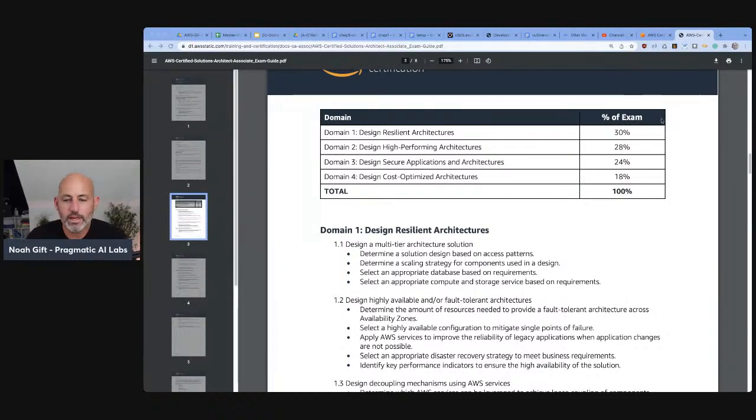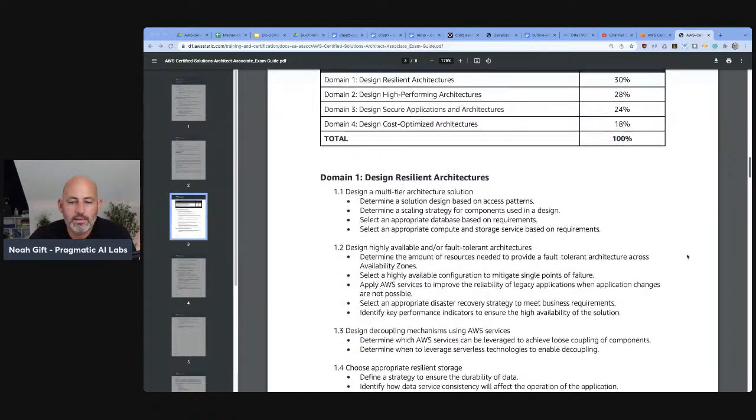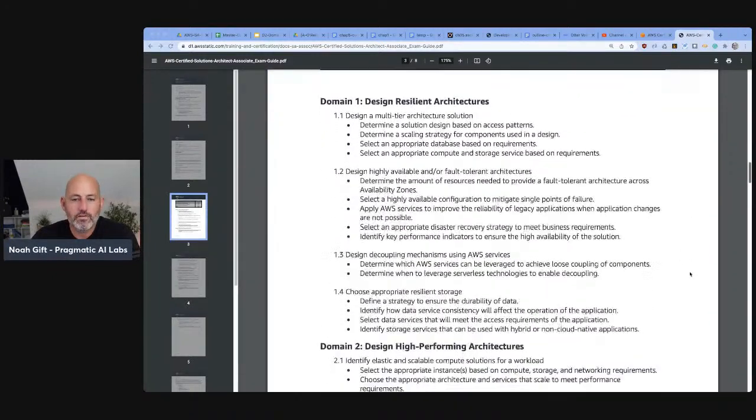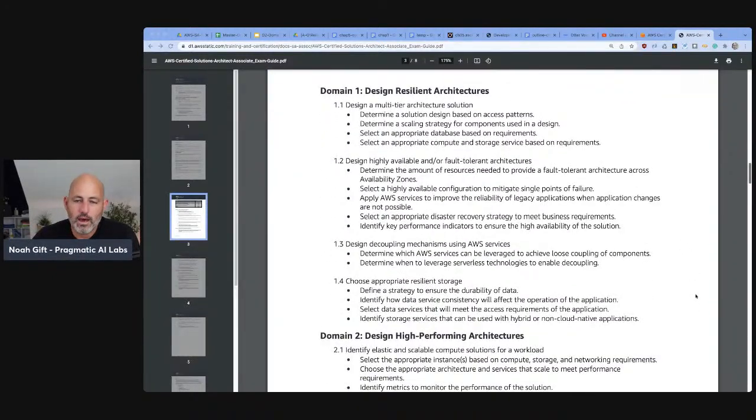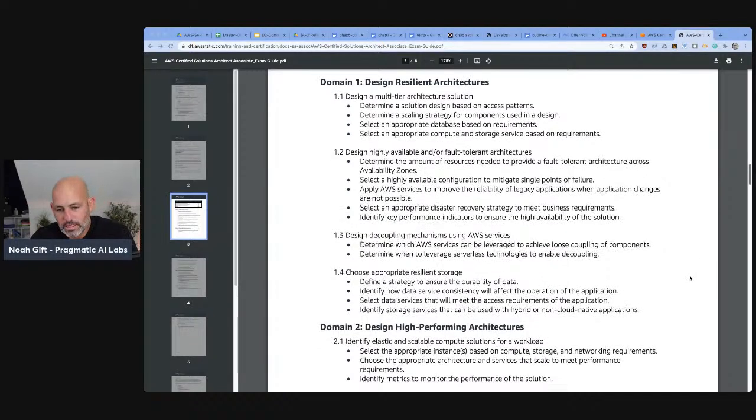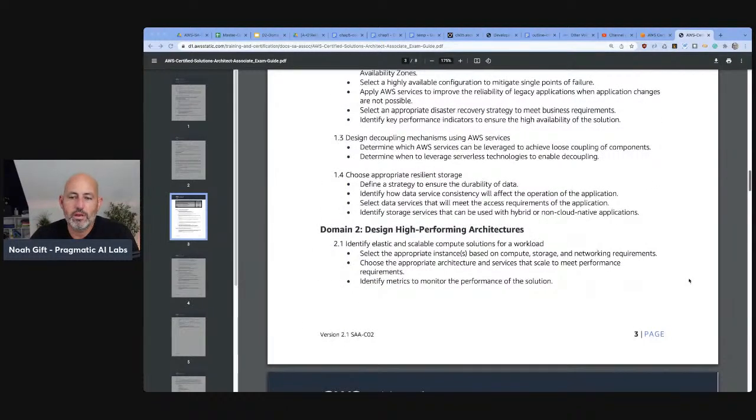So if we look through here, this is a great way to determine a study plan for yourself. Look through the hierarchy of the domain. So design a multi-tier architecture, design a solution based on access patterns, design highly available and or fault tolerant architecture, design decoupling mechanisms using AWS services, choose appropriate resilient storage.